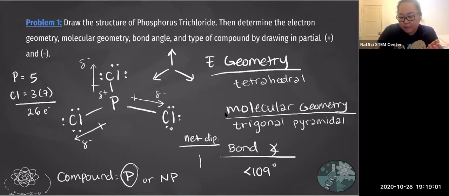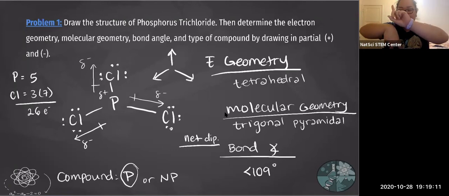Well, actually it would be pointing towards you. Let me think of it a different way. If you're pulling them in opposite directions, you're going in almost no direction. So if there was no lone pair, you'd have a net dipole of 0 because they all cancel each other out because it's evenly pulled.